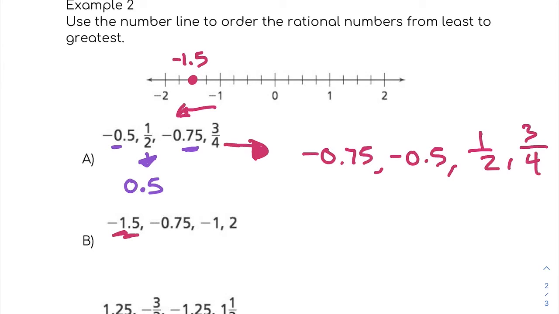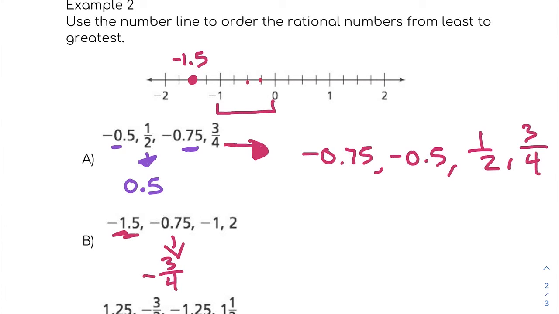My next one is negative 0.75. What two numbers on the number line do you guys think this would go in between? So this is going to go in between 0 and negative 1. Negative 0.75, remember, would be the same as saying negative 3/4 if it helps you to have a fraction form.